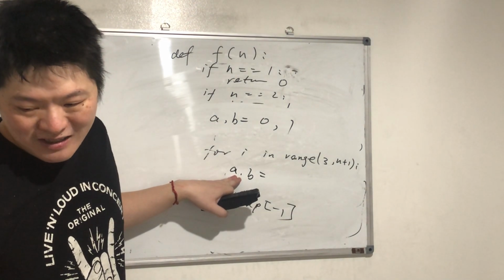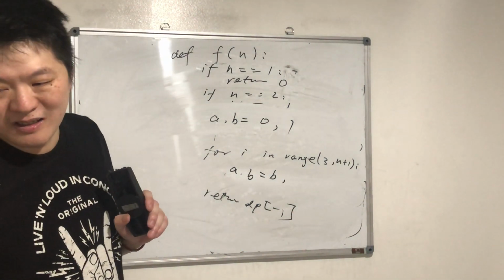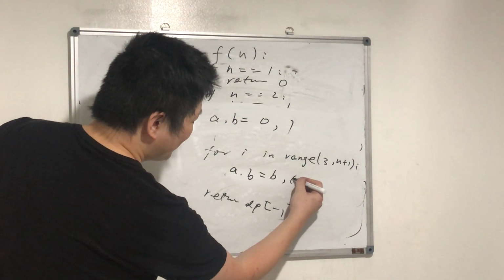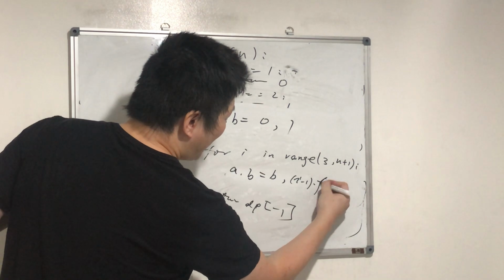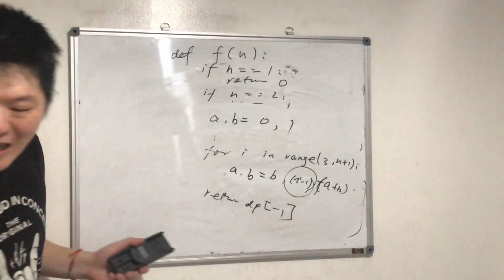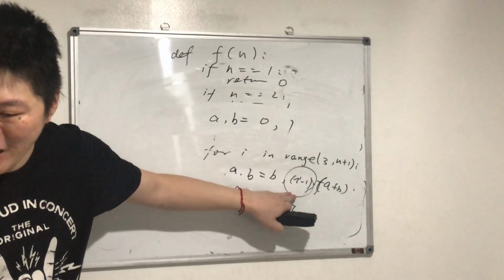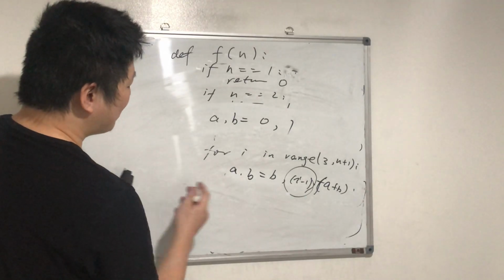It'll be b, exactly like the Fibonacci number. And the new b will be (i minus 1) times (a plus b). It's exactly like the Fibonacci number except I have i minus 1 here, remember the equation? And I can just return b.